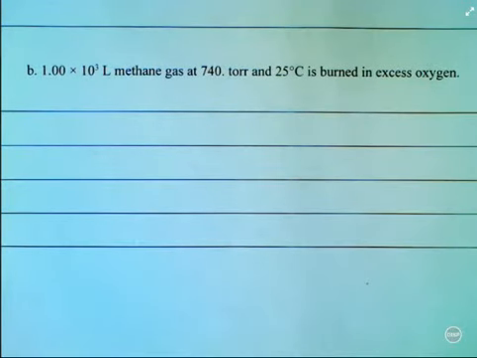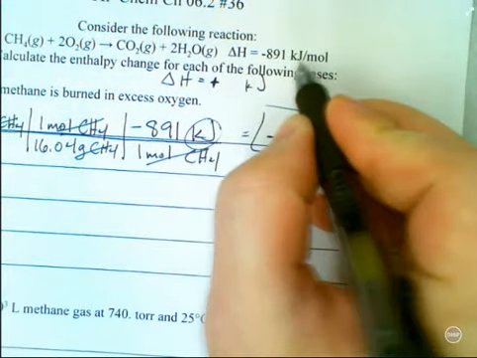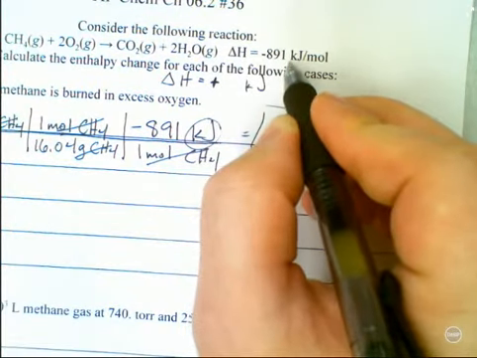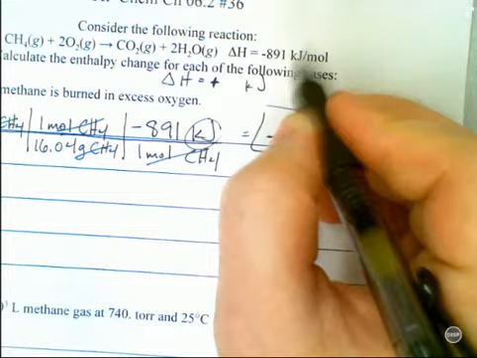B. 1.00 times 10 to the third liters of methane gas at 740 torr and 25 degrees Celsius is burned in excess oxygen. Now, if I am going to use this value up here, I need to know how many moles are being combusted.